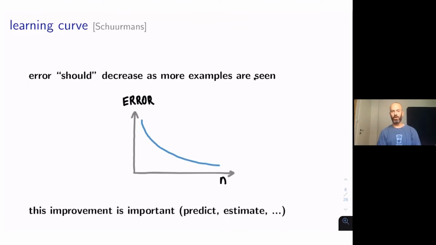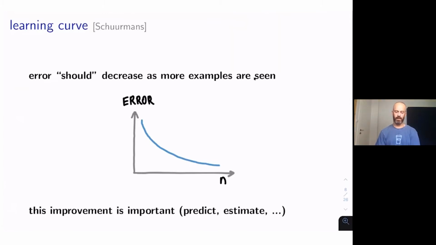We want to understand the way this error goes to zero, either to be able to predict it before we actually start running the algorithm, or to estimate it throughout the execution, and this data may be informative. It can tell us: do we make progress, or did we do enough or not? We can try to use this to understand what is going on.